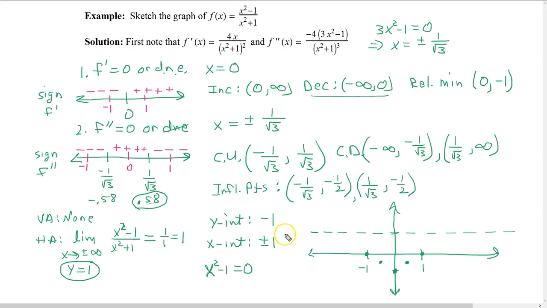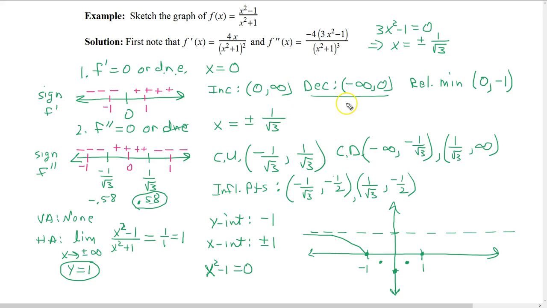So our function has to be decreasing to this point, and also note that it is concave down. See over here, we are concave down from -infinity to -1. So our graph is going to go like this. Then we have to pass through this point right here.